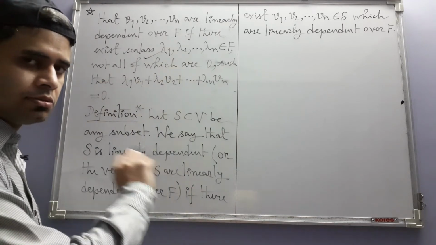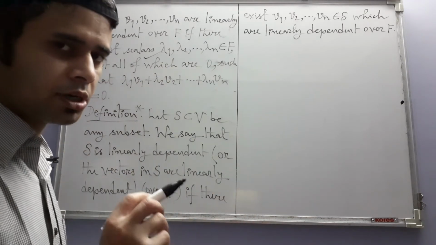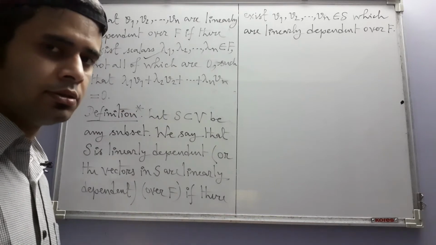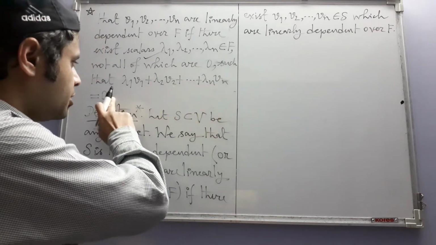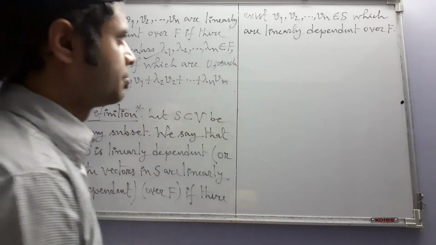That means for which we can find an equal number of scalars, not all of which are 0, such that the corresponding linear combination is the 0 vector.